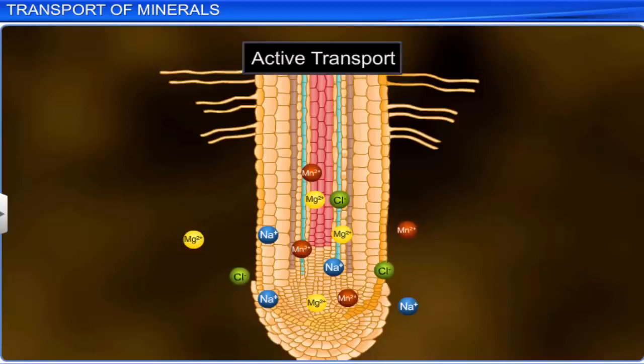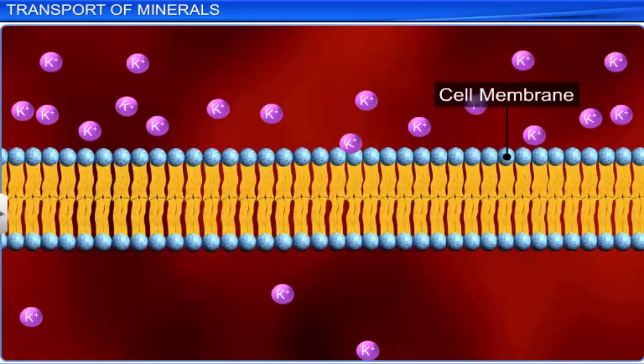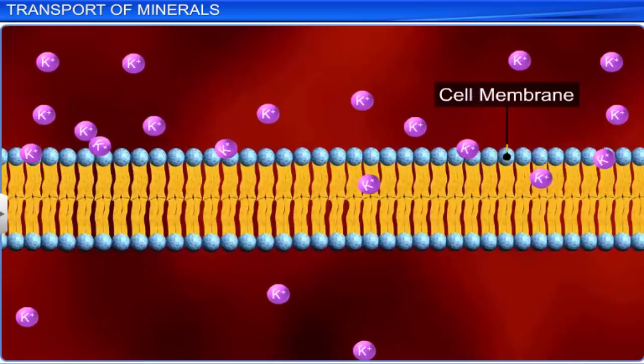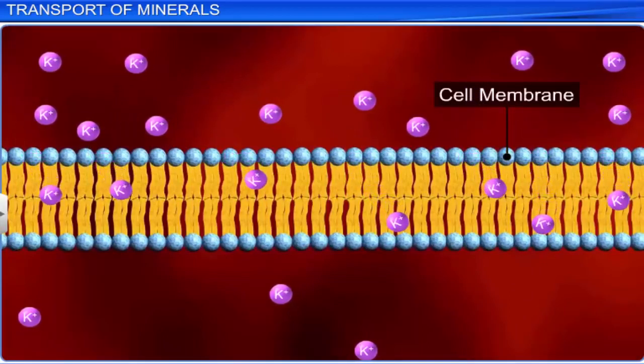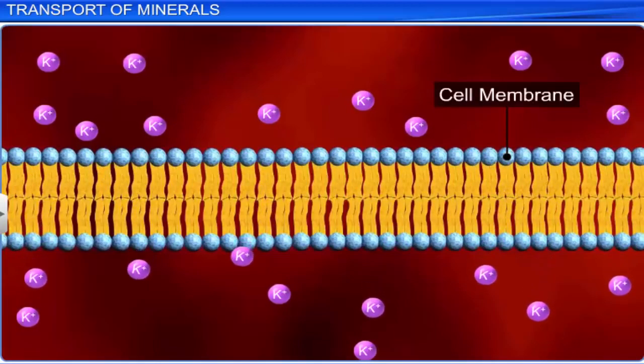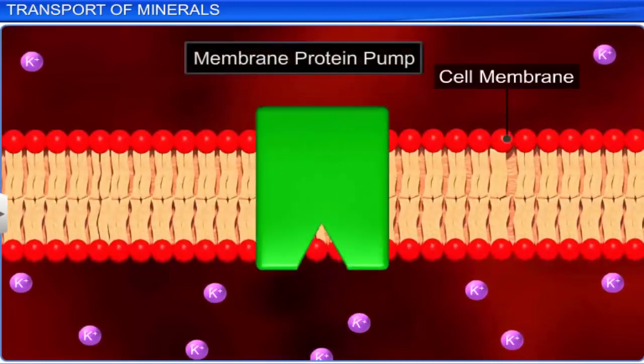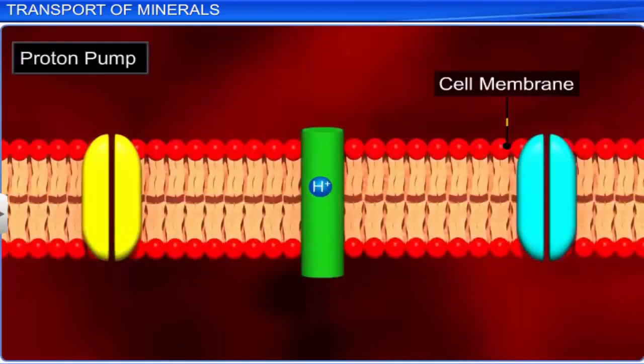Since the ions now move against the concentration gradient, they require energy to cross the cell membrane. Some ions, such as potassium, pass through the cell membrane directly without any energy consumption via either membrane protein pumps or proton pumps.